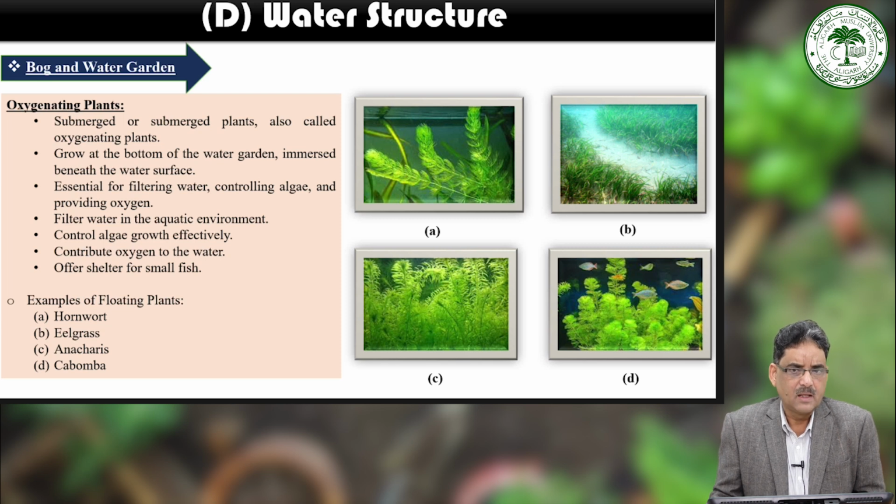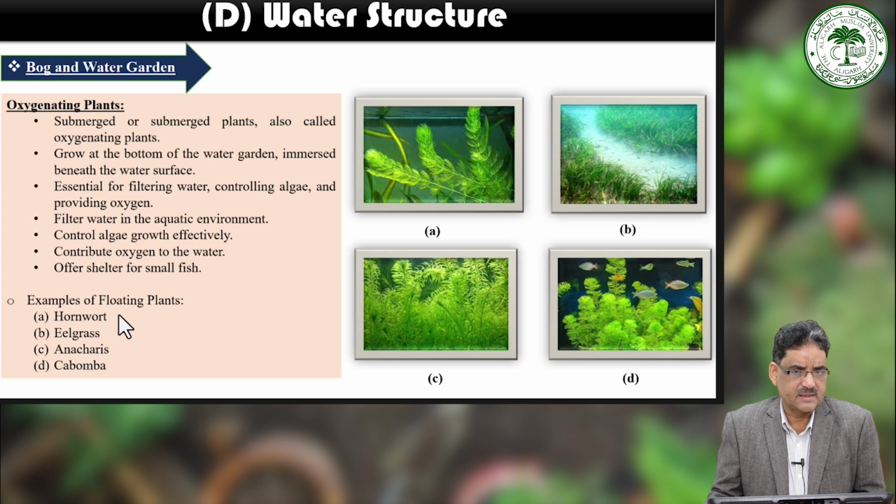They play a crucial role in filtering the water, effectively controlling algae growth and contributing essential oxygen to the aquatic environment. These plants not only serve as natural filters but also offer shelter for small fish.